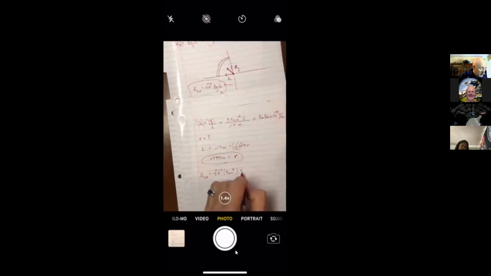On page 2, we said that the magnitude of the total electric field is the square root of 2 times Coulomb's constant, so there's the 9 times 10 to the 9th, times the charge density, which we just got a moment ago, 5.36 times 10 to the negative 5, divided by the radius, 0.0891, which is what we just got.